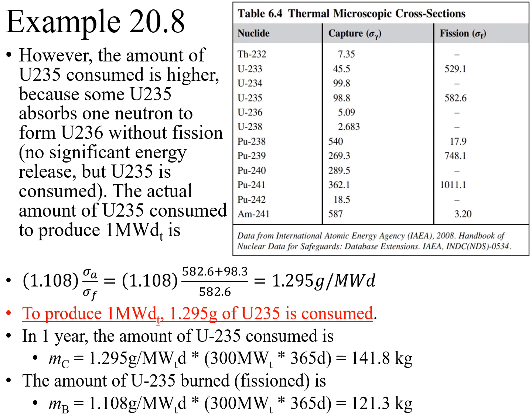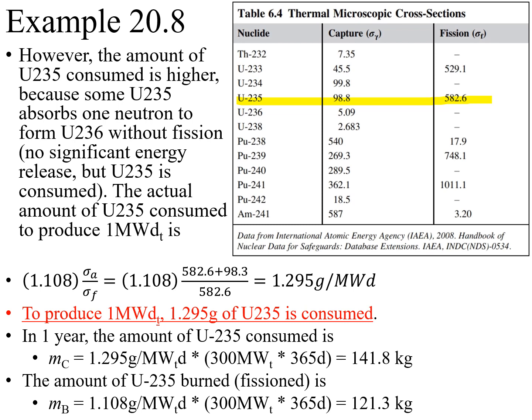This effect can be estimated from this table. In this table, you'll see that you have a capture cross section, which is not zero, meaning a certain fraction of the neutrons is absorbed by the 235 without giving you the fission.